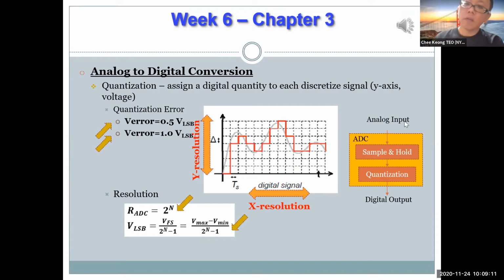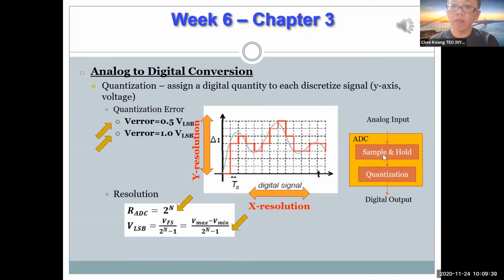And of course, for an analog input, we did sampling because we want to reduce the memory involved, and therefore we took samples, right? And then of course we follow the Nyquist-Shannon theorem. But when we sample, we create an image spectrum, which may result in aliasing if we are not careful. That means we don't sample at a high enough frequency.